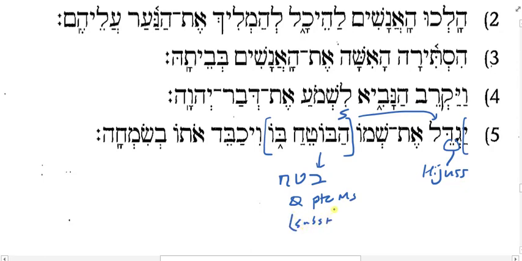It has a noun function, and in this case, the noun function is the subject function, right? So let the one who trusts magnify. But this idea of trusting is itself being modified by a prepositional phrase. Let him who trusts where? In him. I've got a preposition bet plus a 3ms pronoun. So let him who trusts in him magnify his name.